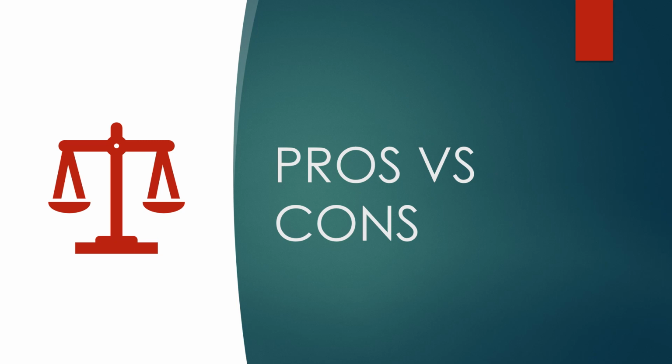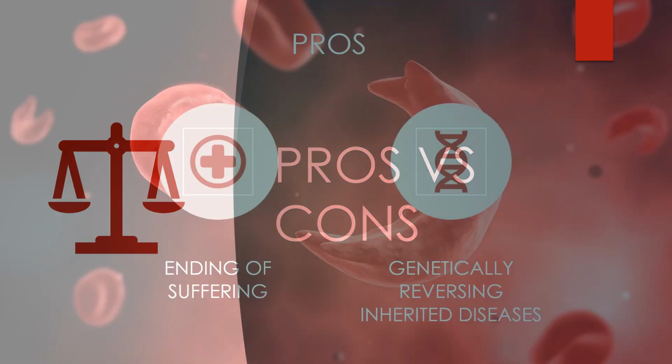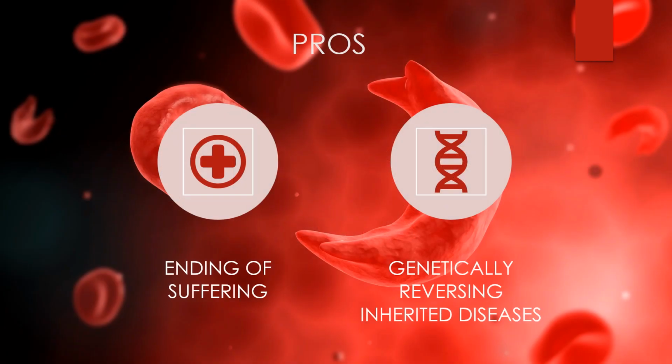Now, how do the pros and cons weigh out when considering genetic editing? Well, here are the pros. The biggest concern is the ending of suffering. Some individuals possess genetic mutations that can cause immense suffering. These individuals are born with mutations and don't suffer because of their own choices.